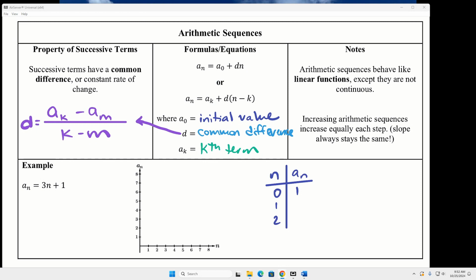Here's my sequence over here. When I plug in 1, I get 4, and when I plug in 2, I get 7. To do the graph, you just graph those 3 points, and that's all we can do. They should line up linearly, but we don't connect them.